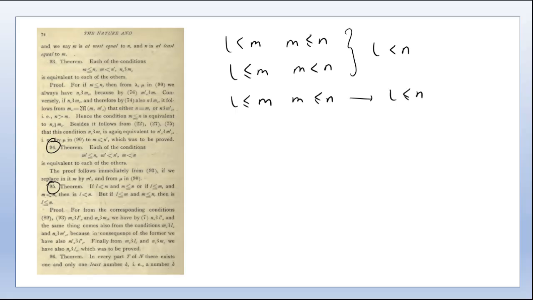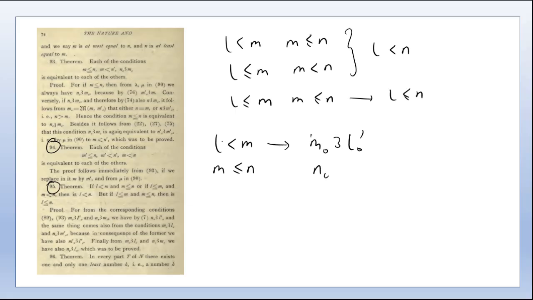Okay, so in the case where L is less than M, then 89 says that M naught is a part of L naught primed, and M is at most equal to N. This is by 93.